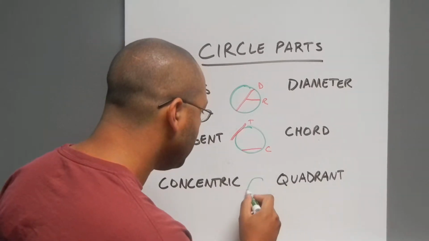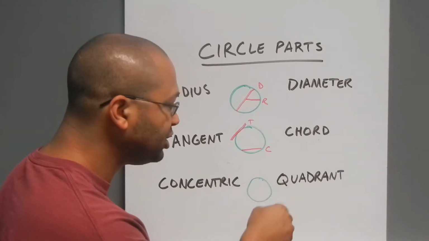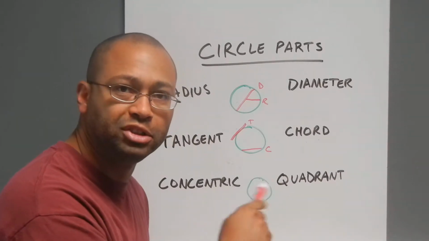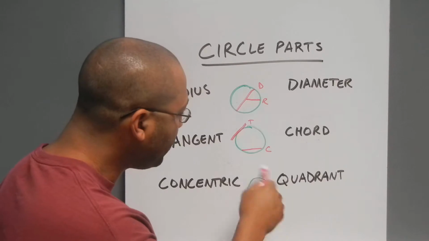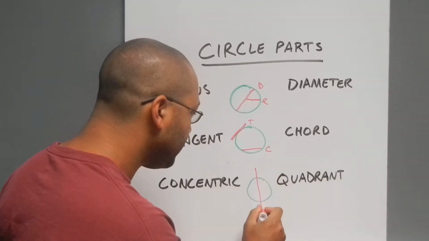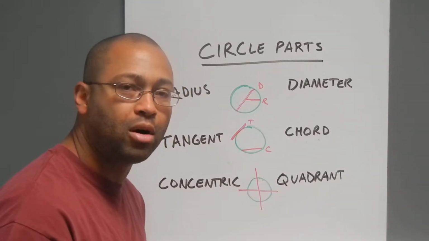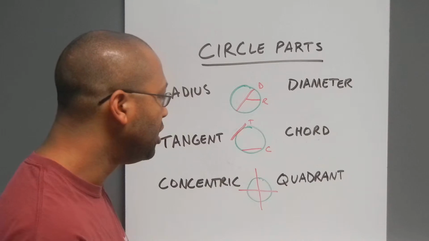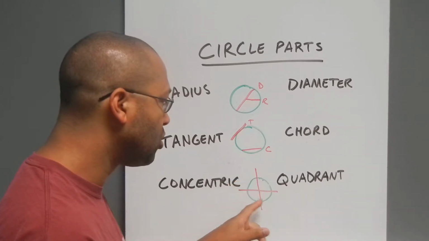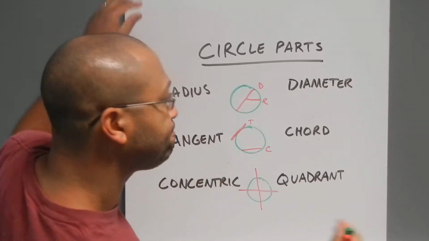So here's another circle, and all around my circumference, the circumference being the distance around the circle, it makes 360 degrees. If I divide it up into 4 equal parts, those are called quadrants: first quadrant, second quadrant, third quadrant, fourth quadrant. Something that you might have learned from a geometry class.